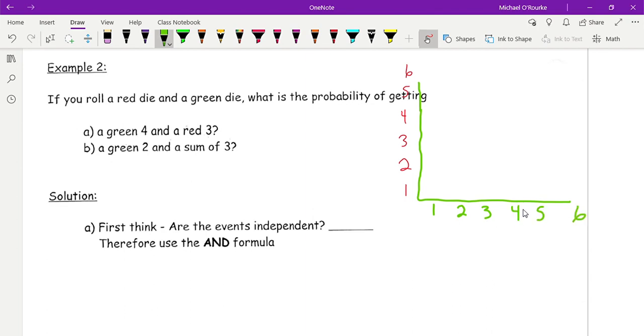I want you to fill in that chart for me. This is my green die down here, and this is my red die here. If I roll a 1 and a 1, I will get a 2. If I roll a 1 and a 2, I'll get a 3.